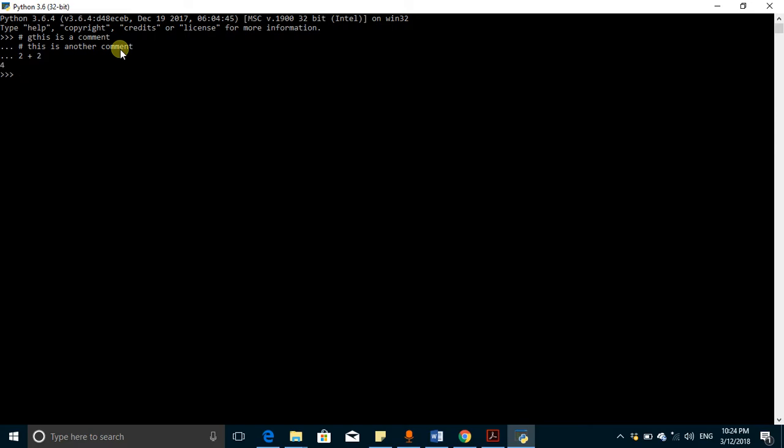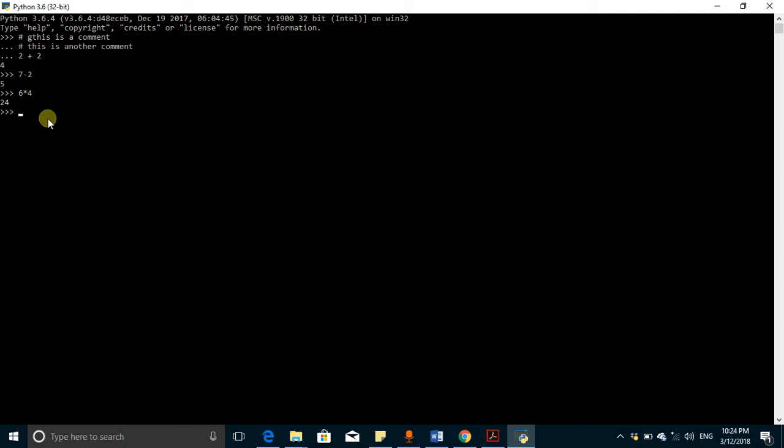Similarly, if I write 7 minus 2, the answer will be 5. So what we are seeing here is that the answer is a whole number. If in these computations, plus, minus and multiplication, we use whole numbers, the answer will also be a whole number, and at the back end these whole numbers will be stored as integers.